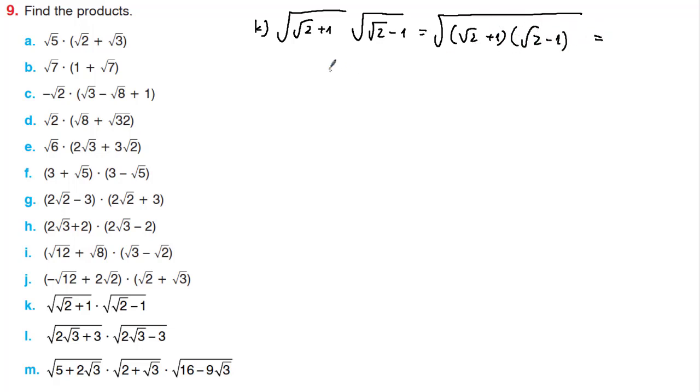Now we can use the formula a minus b, a plus b. So copying the square root, this is 2 minus 1, and that's 1. Yeah, it's exactly 1.